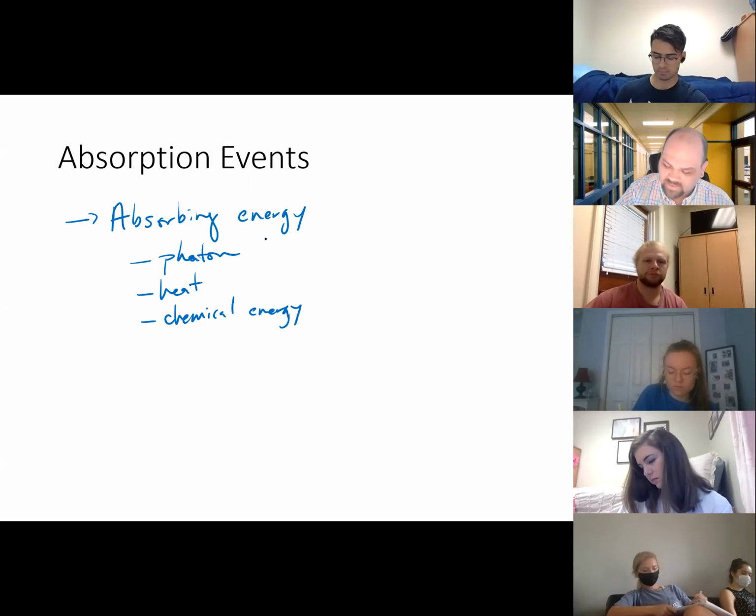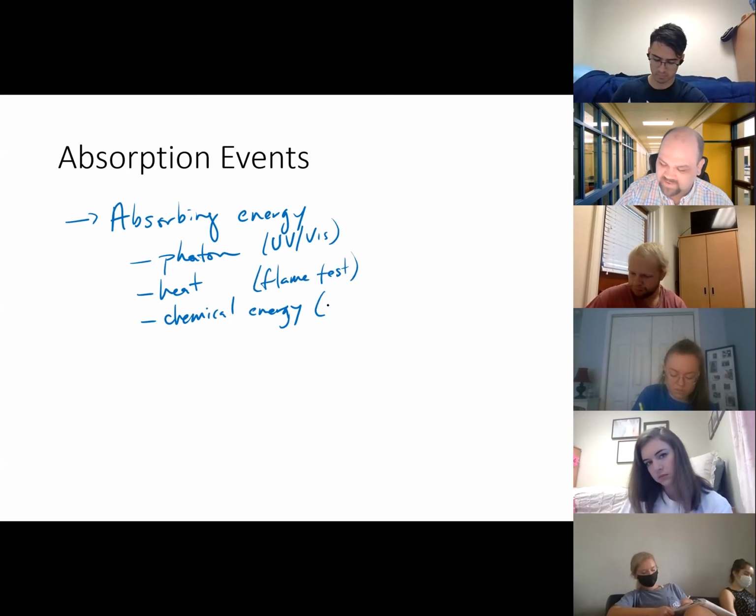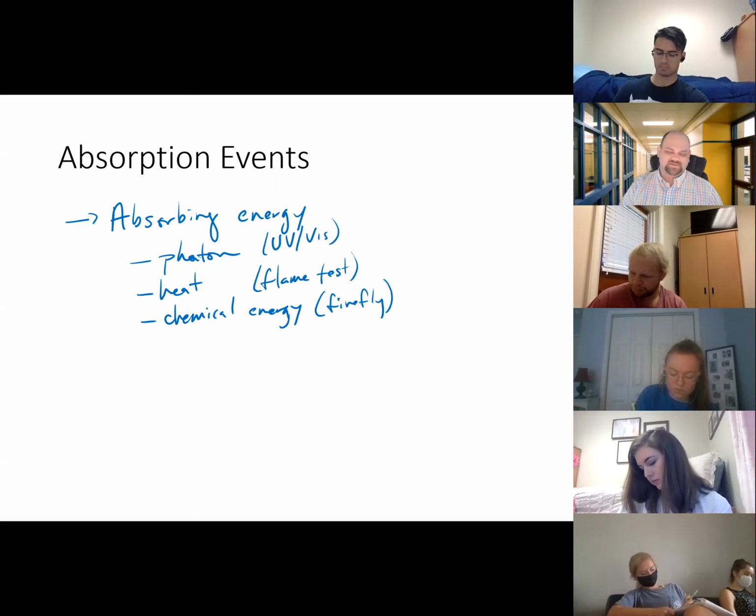When we think of a photon, think about something like a UV vis. When we think about heat, think about a flame test. And when we think about chemical energy, think about a firefly. All of those things cause an electron to get excited.